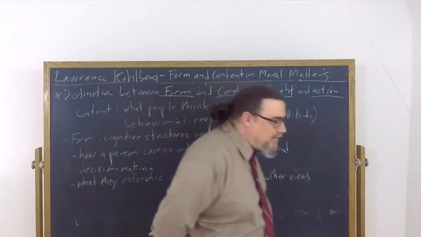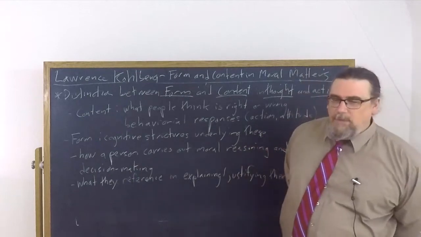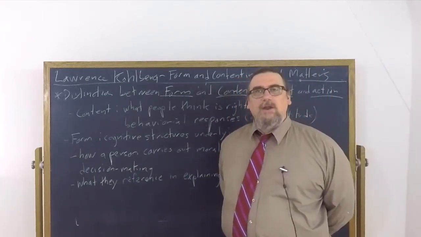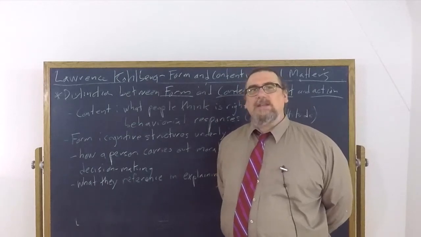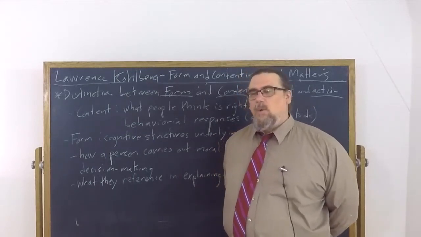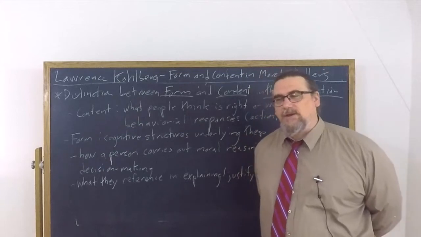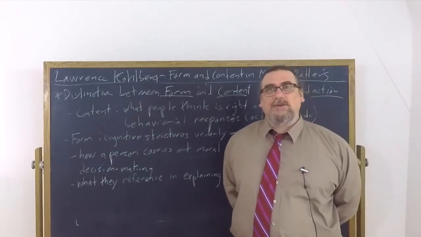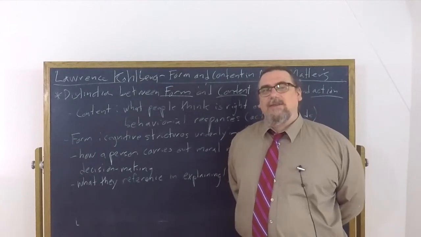Now, at different levels, like, for example, at level 1, you can ask a person, why did you do that? Or why didn't you do that action? Or why should a person not do that action? Or, in the case of Hans, why should Hans either steal or not steal the medicine?